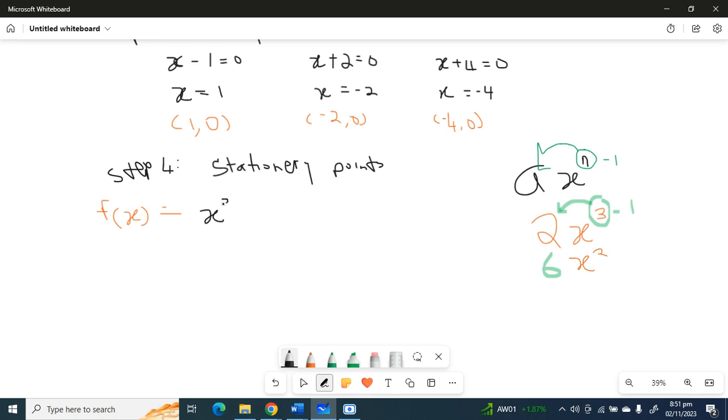We have x cubed plus 5x squared plus 2x minus 8. So we're going to derive this function.